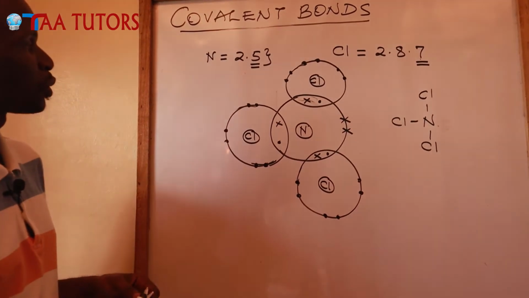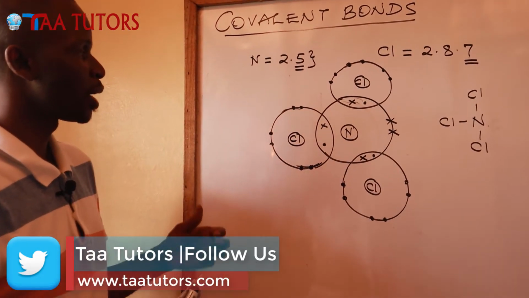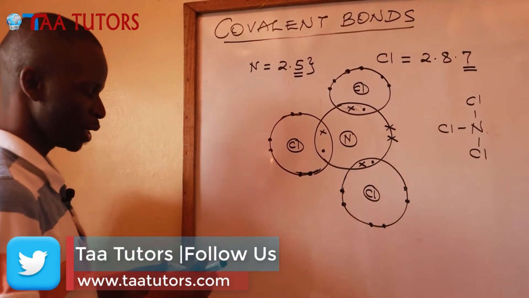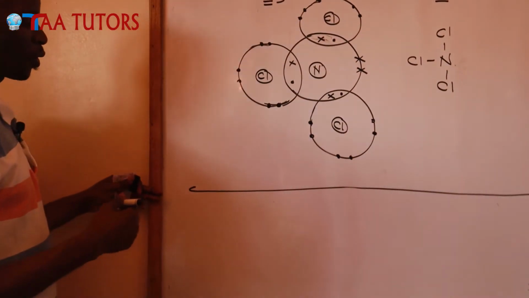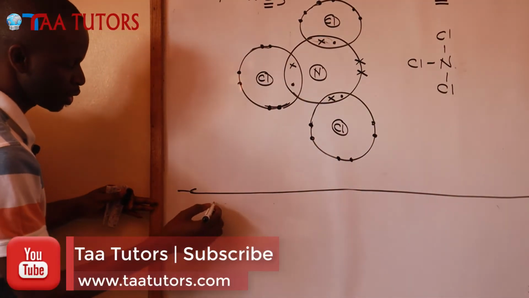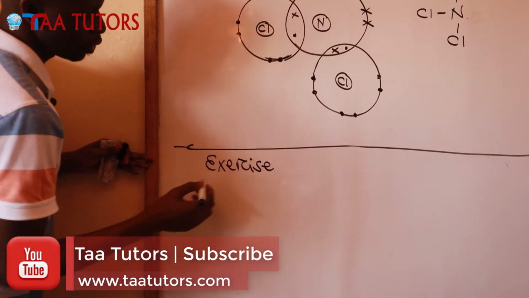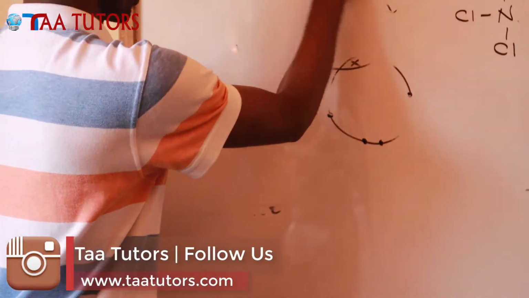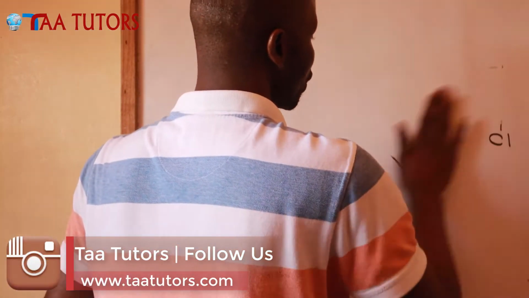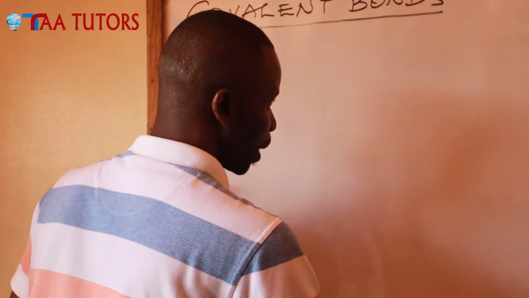I want to use this opportunity to say that you need to try to understand how these compounds will be. You can try on your own, under covalent bonds, the following questions.